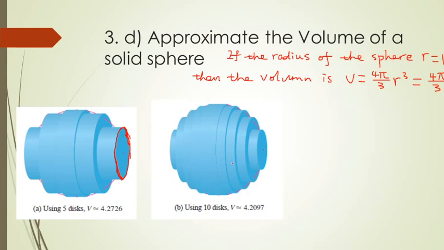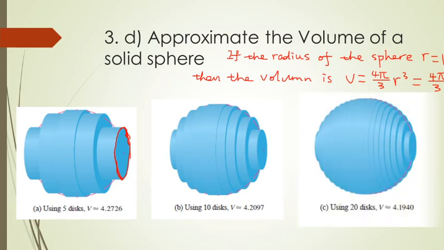Again, the cross-section region shows a circle, and the circle will be different. That means the area function of the cross section will be different. So using 10 discs, the volume is the sum of those 10 cylinders, that is this number, 4.2097.